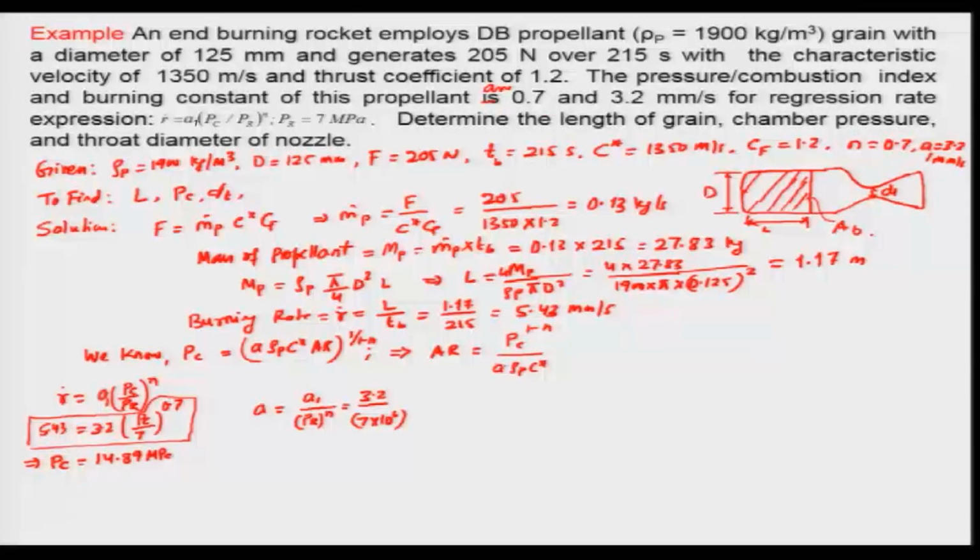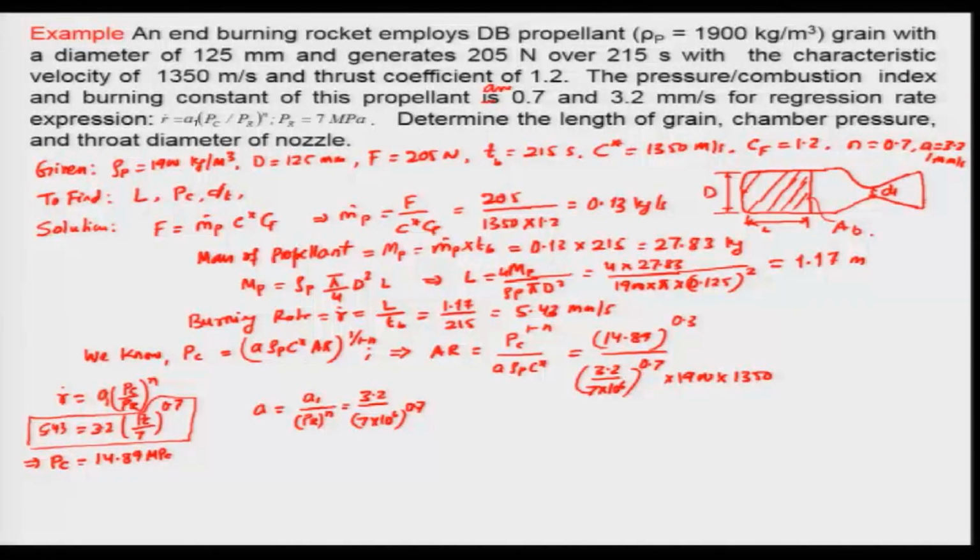So, that you can really use here, and then if you substitute these values, you will get Pc is 14.89 power to the 0.3 divided by 3.2 into 0.7, 7 into 10 power 6, 0.7 into 1900 into your C star, which is basically 1350 meter per second.